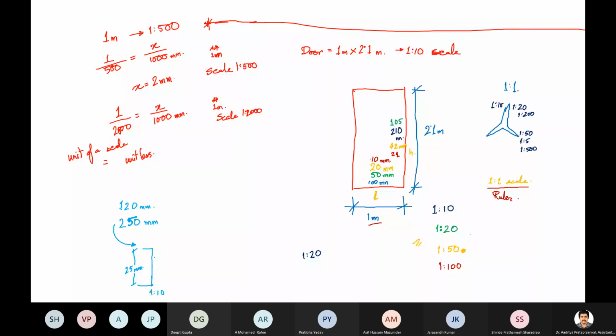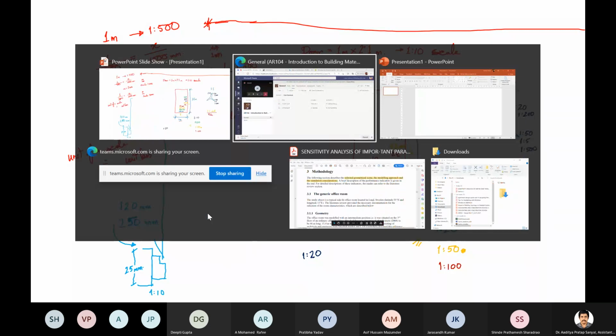So when you're trying to draw the door in this case, the level of detail would be a lot more. You'd be able to see everything in the door. Remember, there was one sketch which I had shared.